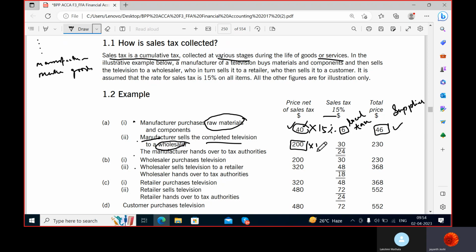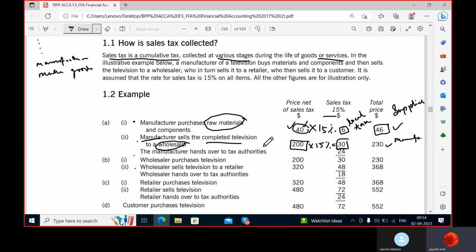On 200, 15% is $30. So the wholesaler is paying 230 to the manufacturer, but in this the price element is $200 and the sales tax element is $30.